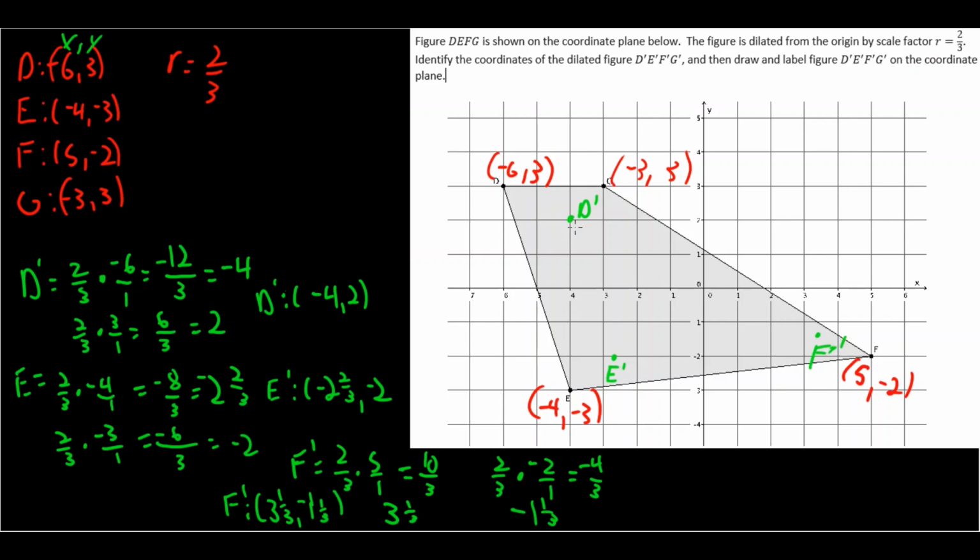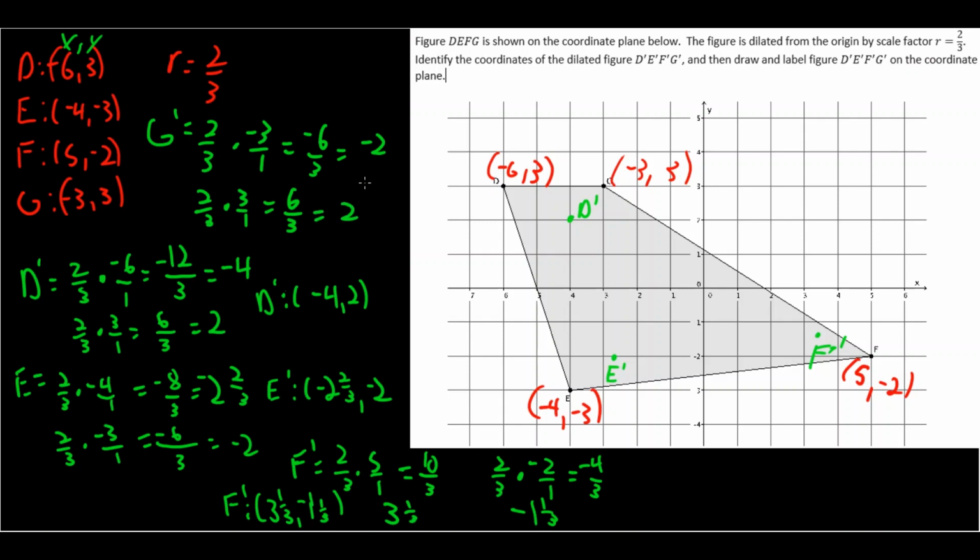And then finally, we'll do G prime, and we'll do G prime way up here because we ran out of room. Okay, G prime. We are at -3 and 3, so we do 2/3 times -3 over 1, and then we will do 2/3 times 3 over 1. Well, 2/3 times -3, this gives us -6 over 3, that'll simplify to -2. 2 times 3 is 6, 3 times 1 is 3.